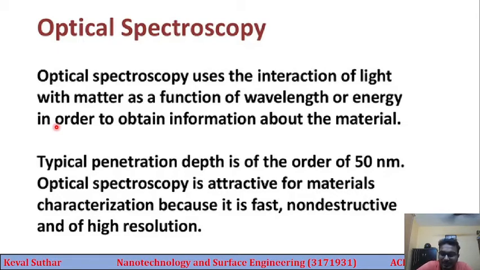This area, optical spectroscopy, is very attractive for material characterization because it is very fast, and it is also one of the non-destructive methods of getting information about a material without breaking it or any kind of destruction. And the results are also available in very high resolutions. So this is what optical spectroscopy means.